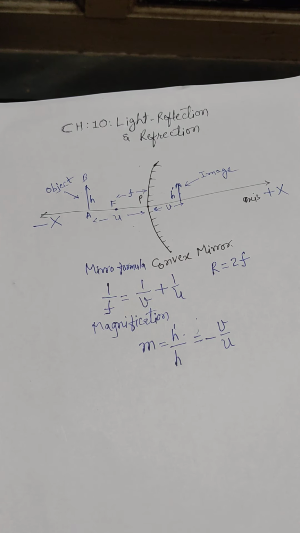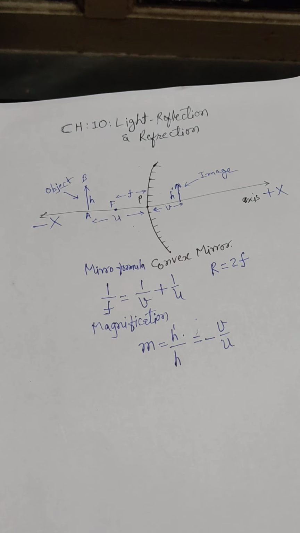If magnification value is less than 1, then image is diminished. If magnification is positive, then the image is erect. If magnification is negative, then image is inverted. Keep these things in mind. Now I explain you few examples based on this formula.